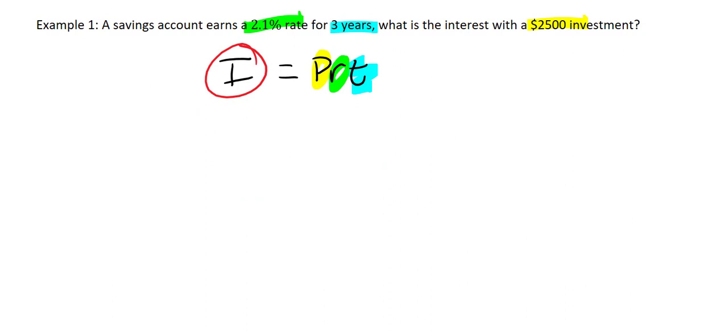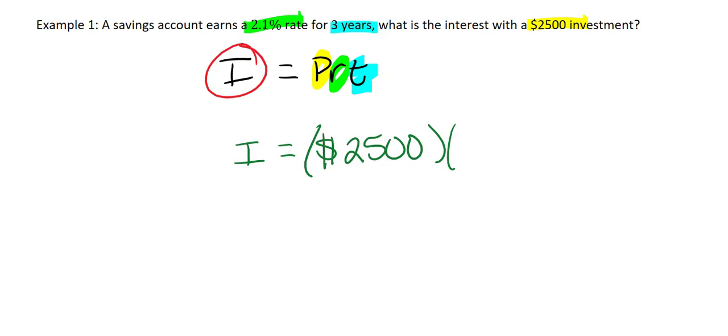So let's go ahead and start to solve. So we have a 2,500, right, investment. R, which is the 2.1%, and we're going to make it into a decimal. So just go ahead and do it in this step right here. 2.1 divided by 100. And then T is 3.